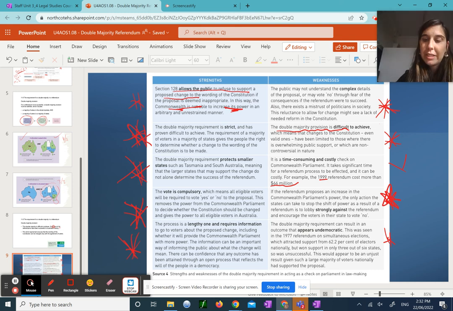You may only get 3 out of 6 states supporting it, but 62% of people who actually agree with it. So sometimes the result doesn't pass, even if we've got a majority of voters across Australia, because it doesn't actually meet the state requirement as well.